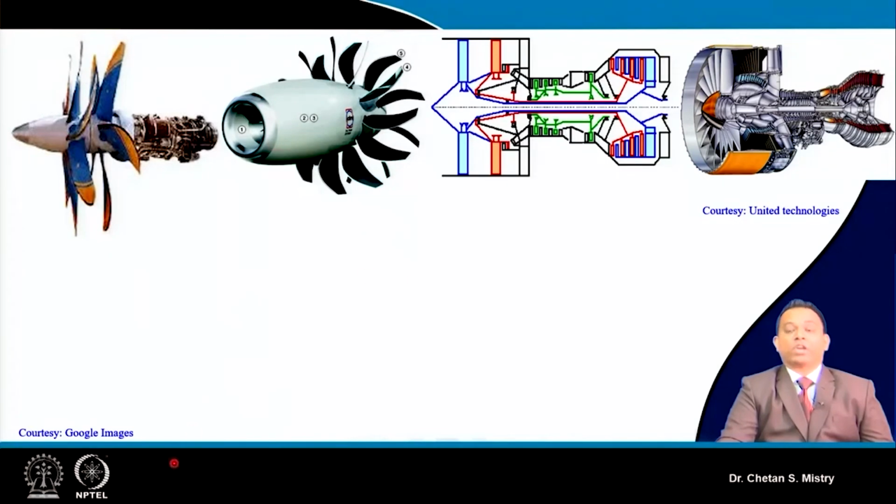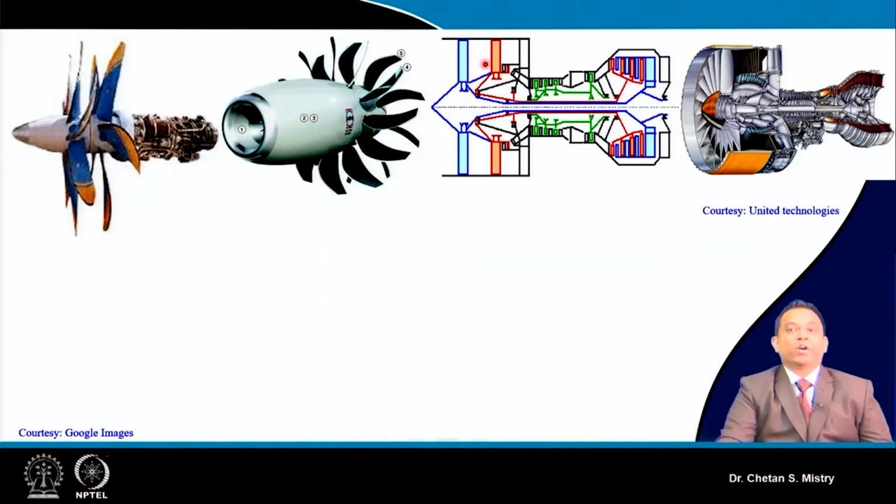Here, this is one of the engines. You can see it has a three-spool configuration. Here is my HP spool, and on the other side the blue one is the LP spool, and the other spool is the orange one.